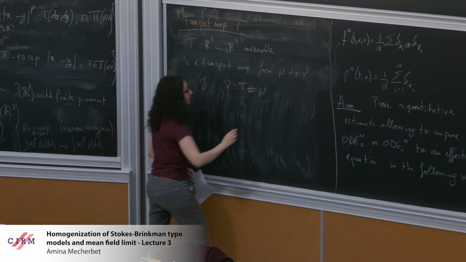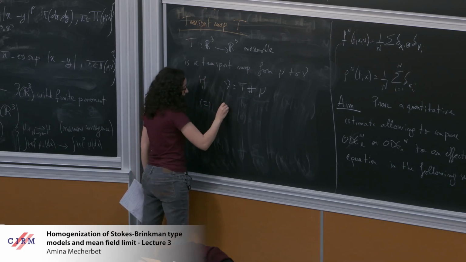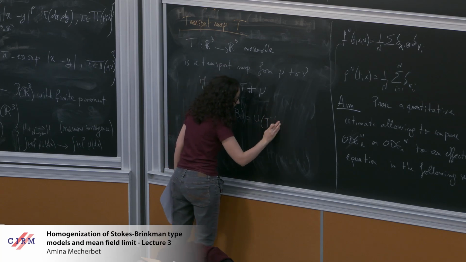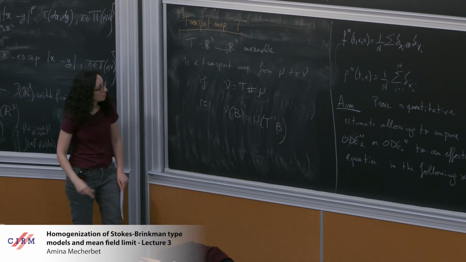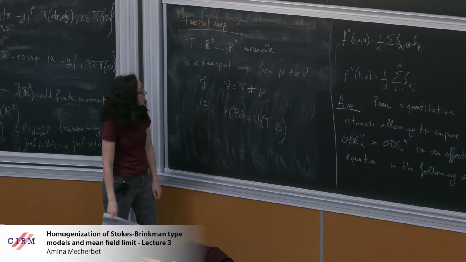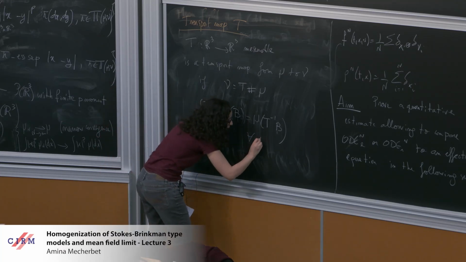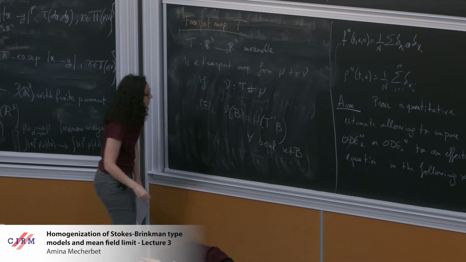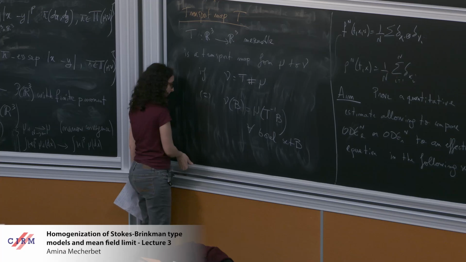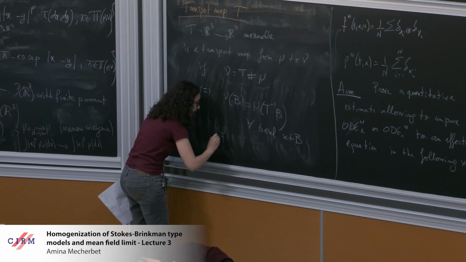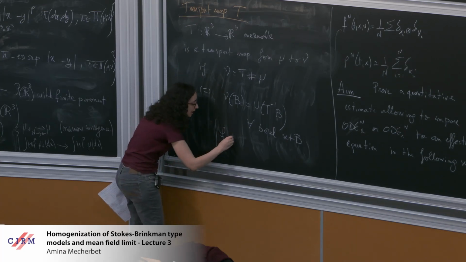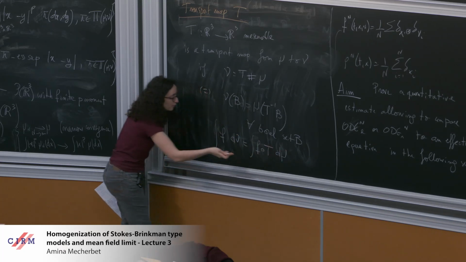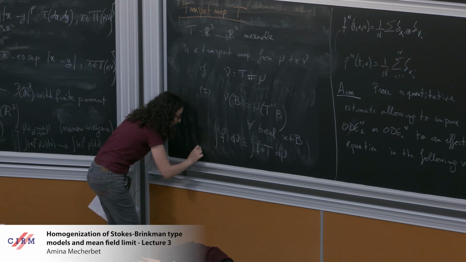So what does the push forward mean? For any Borel measurable set B, this is given by the measure on the right-hand side evaluated in T^{-1}(B). You can think of it in terms of integration against any function f, like the integral of f circ T d mu, whenever this is well defined.